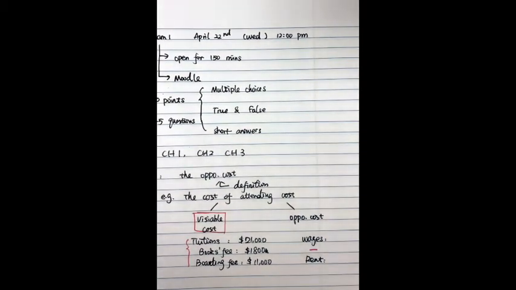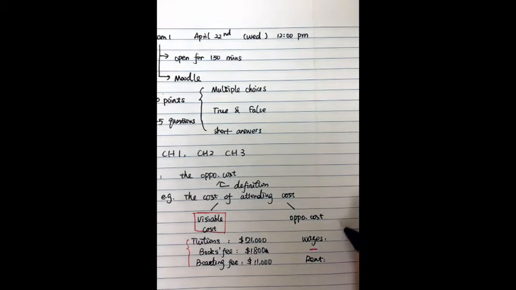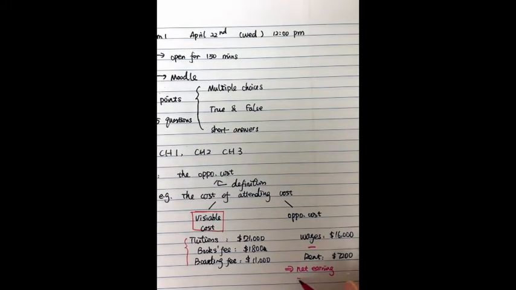We can say the wages here could equal, I just write down a number, $16,000, and the rent you need to pay probably equals 7,200, okay? So using 16,000 minus 7,200, you get your net earnings.